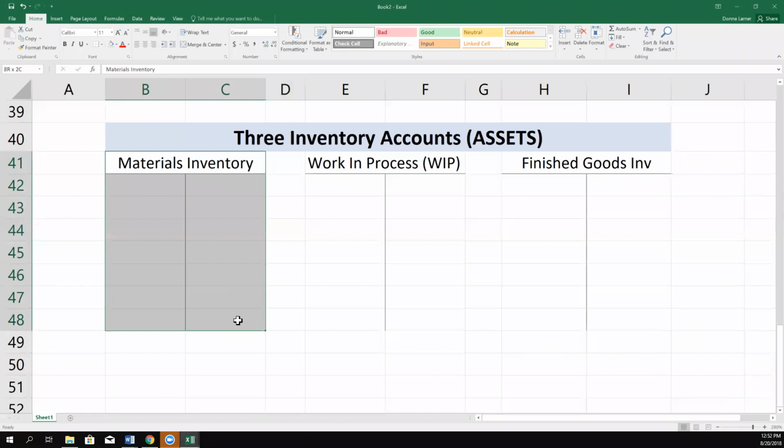Materials inventory, I want you to think of it as like a warehouse full of raw materials, things that haven't been used yet. If we're making those dining room tables, it's a warehouse full of lumber. Stain, paint, varnish, sandpaper, saw blades, everything that we could use in the production process, waiting to be used.